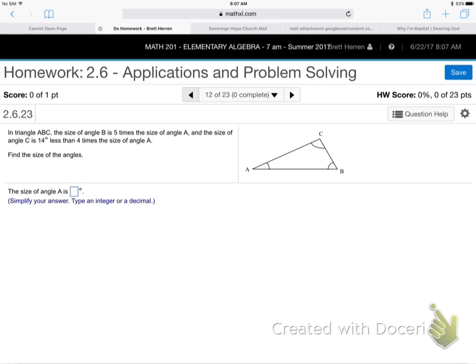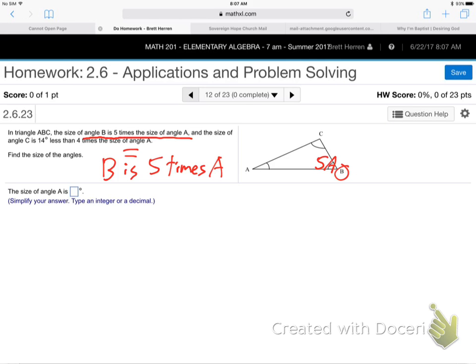So let's take what they're saying. They're saying B is 5 times A. Let me write that out real clear. B equals 5 times A. So angle B equals 5A.